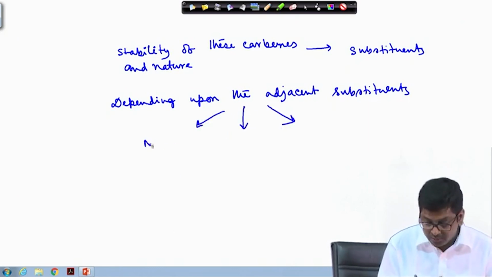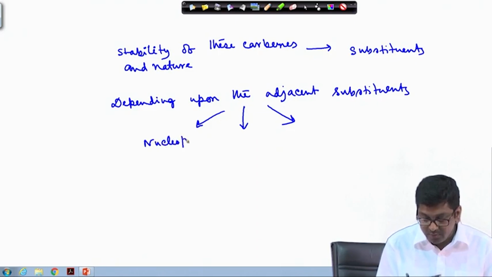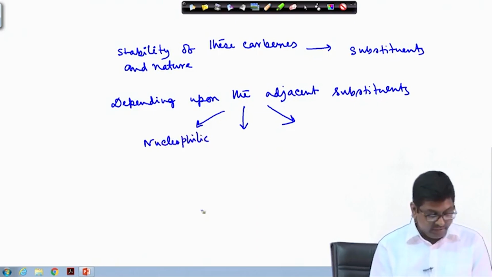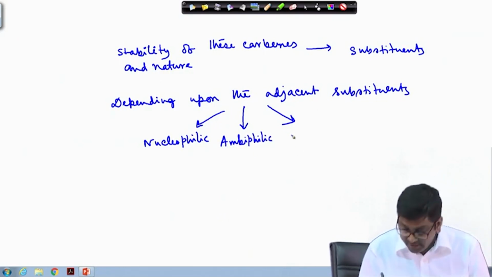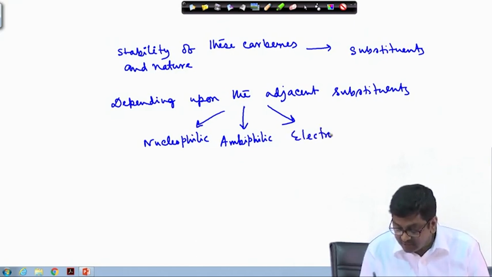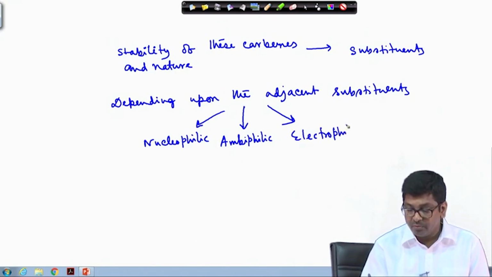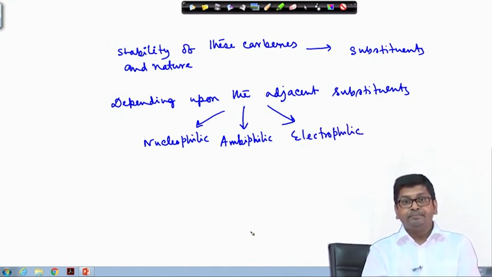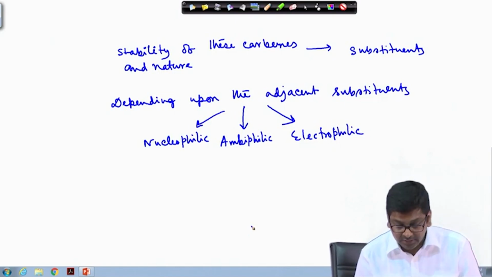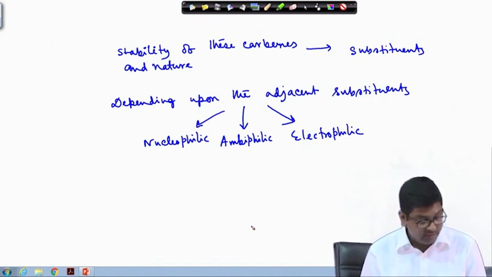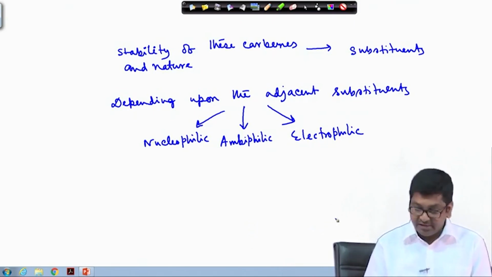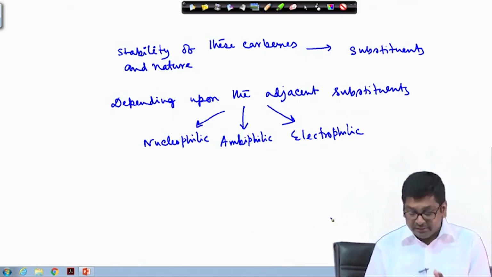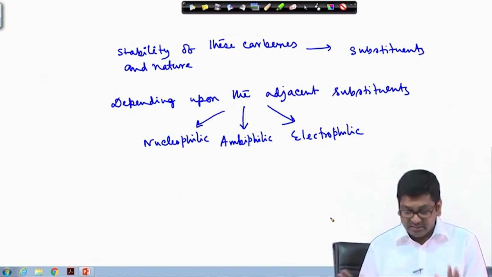One is called nucleophilic, another one is ambiphilic, okay, and another one is electrophilic. Okay. So, there are three different types of carbenes: nucleophilic, ambiphilic and electrophilic. Obviously, it depends on their adjacent substituents.